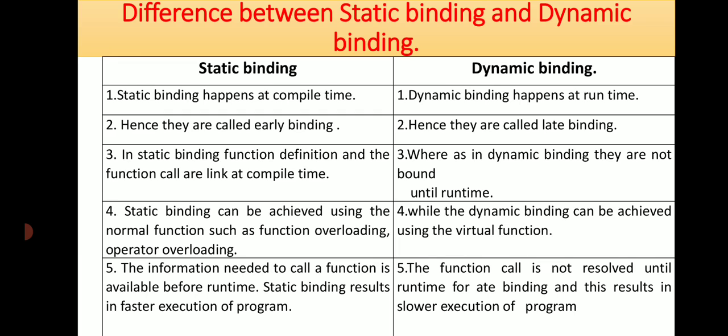In dynamic binding, the function call is not resolved until runtime, so the execution of a program becomes somewhat slower compared to static binding, because the linking takes place during runtime, whereas in static binding it takes place during compile time.